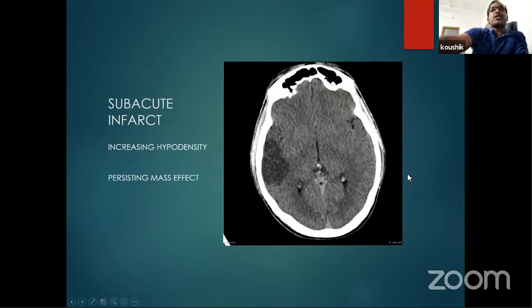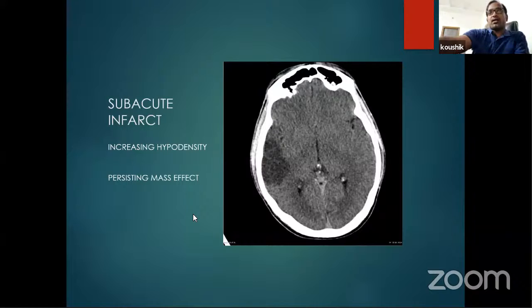Then comes the subacute infarct. As the infarct ages, it becomes more hypodense. So the subacute infarct is more hypodense and the mass effect persists. And second, in a subacute infarct, we can find hemorrhagic transformation.